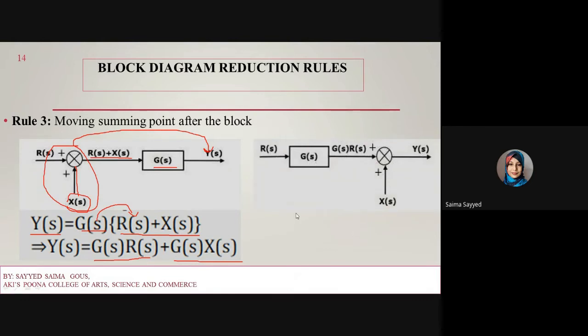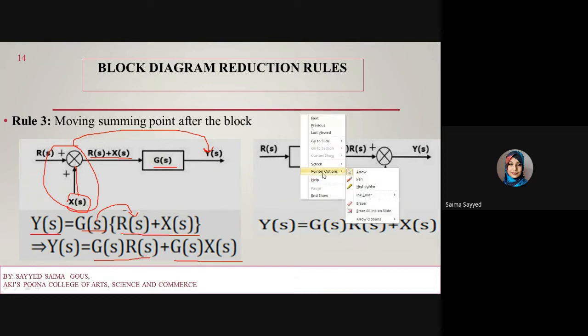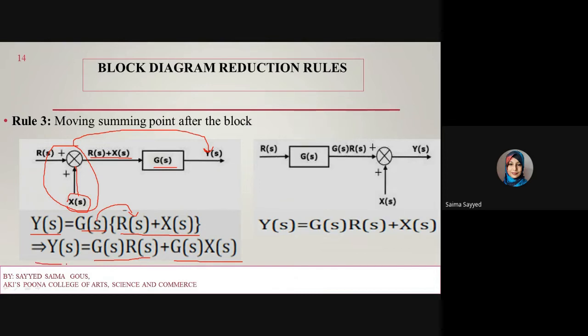Now I have moved this summing point after the block, so the equation will be Y(s) equals G(s) into R(s) plus X(s). Now compare these two equations. In the second term of the second equation, G(s) is missing.